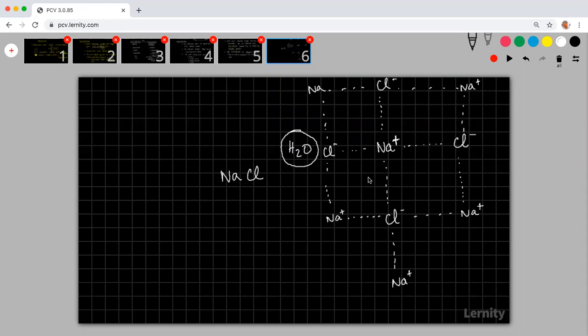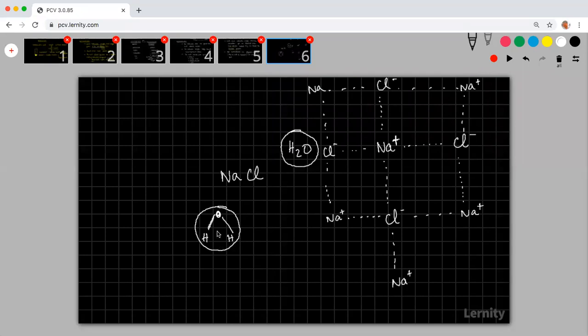Water is called a polar solvent. What is the meaning of polar solvent? Sodium chloride is an ionic compound. Water is a polar substance. In water, you have hydrogen, oxygen, and one more hydrogen.